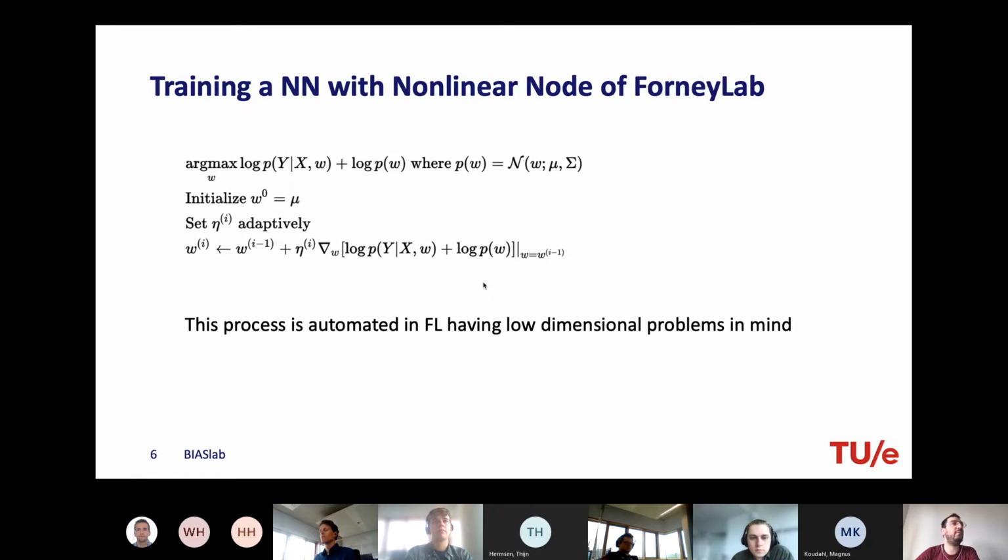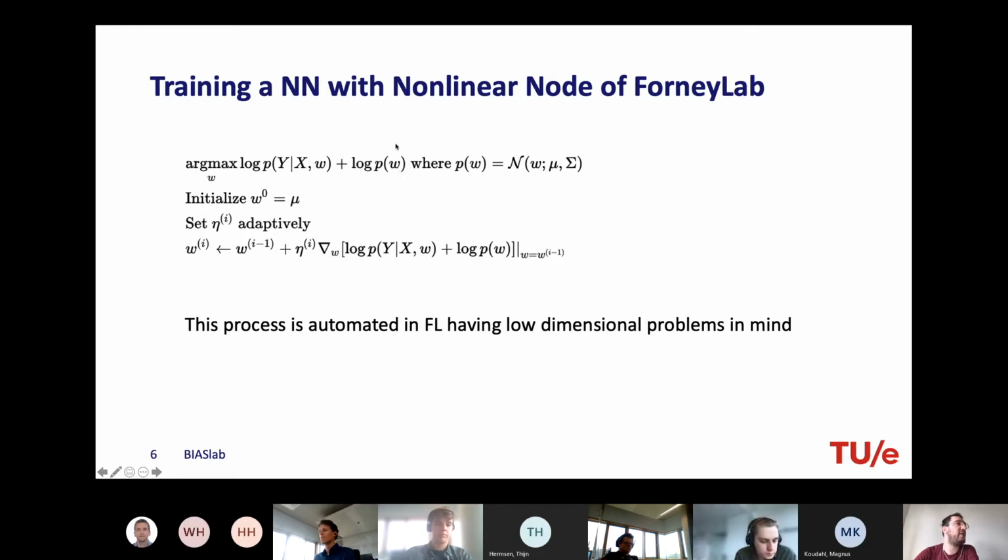In ForneyLab, we have a bunch of implementations for the nonlinear node. The unscented Kalman filter is possible with the nonlinear node, the extended Kalman filter is possible with the nonlinear node, and the Laplace approximation is also possible with the nonlinear node. So how do we do this? Basically, we collect the messages in the factor graph.